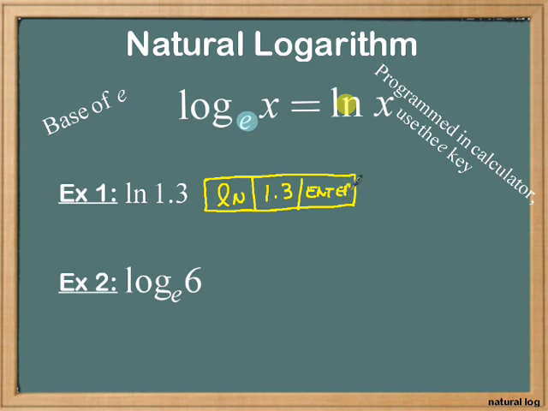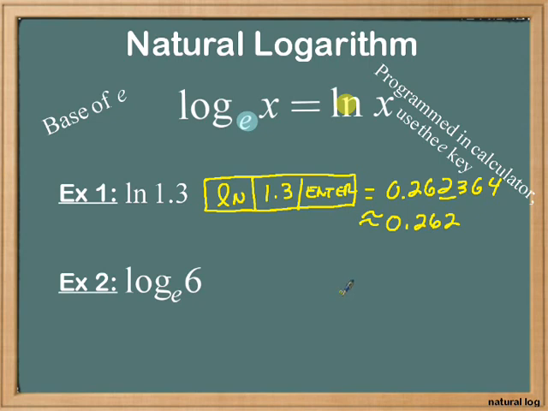And let's see what you come up with. You should have gotten 0.262364, and I don't need to go anymore because I'm rounding to the thousandths. The 3 is going to keep it the same, so approximately 0.262.